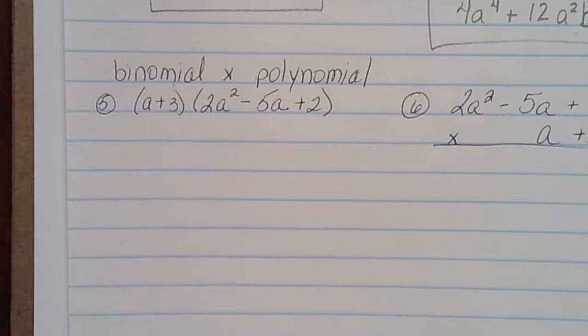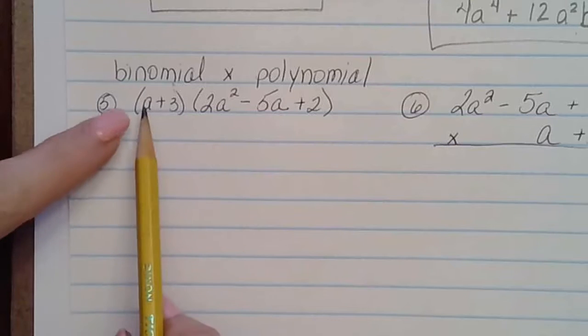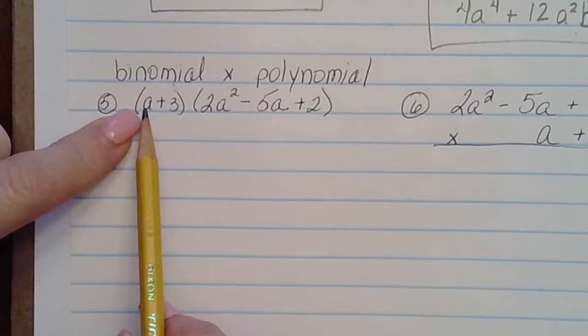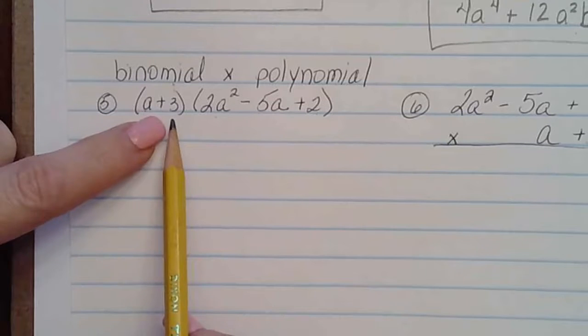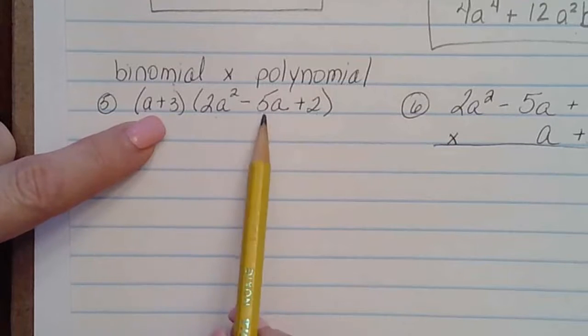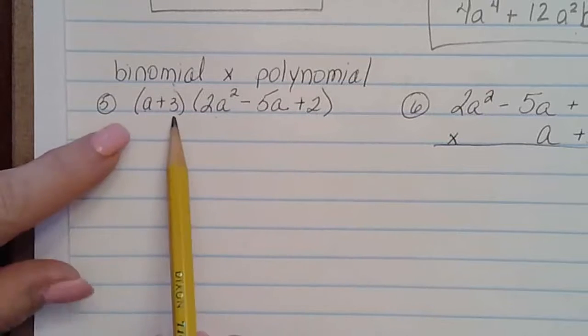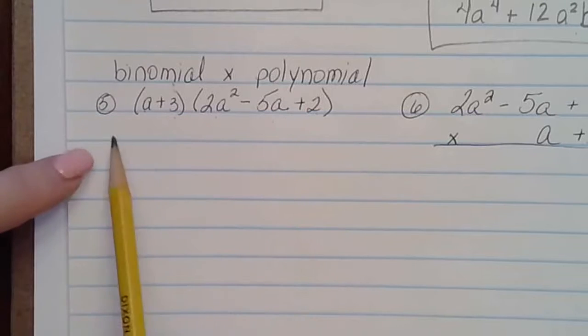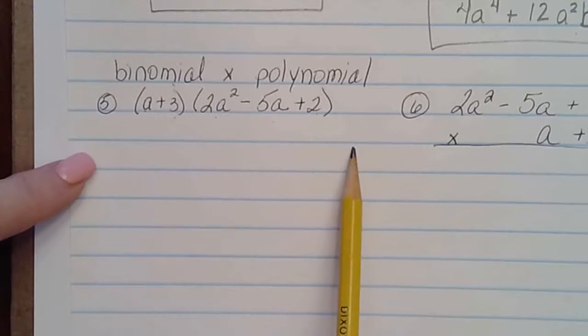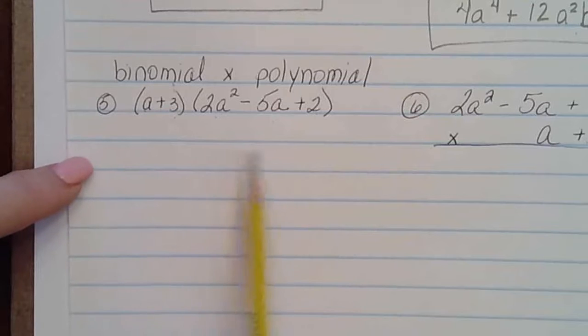A times 2, it is 2a. So I'm going to line it up with this guy. It's a positive 2a. A times a, that's going to give me an a squared term, like this one. So I will put my answer here. A times a squared, negative 5a squared is the whole thing. Same. We knew that.